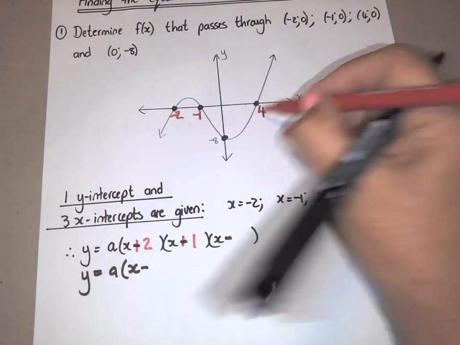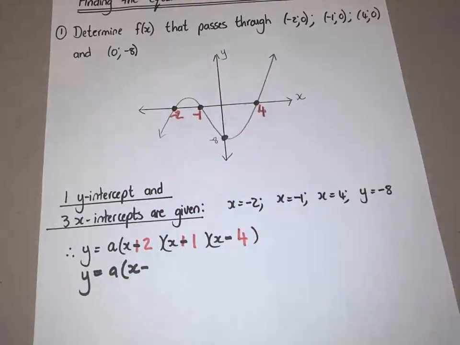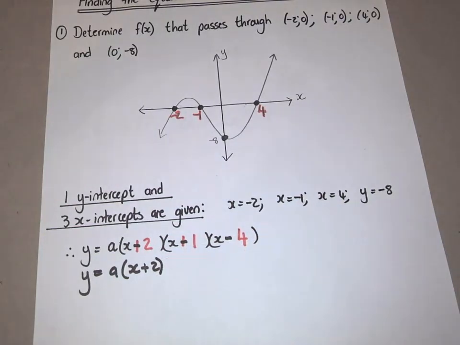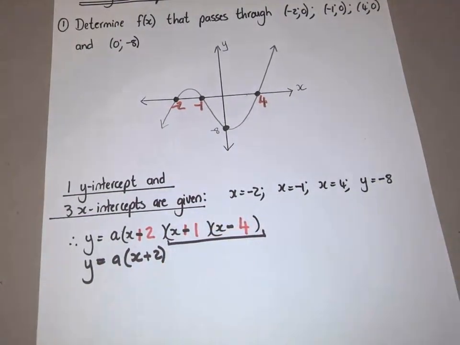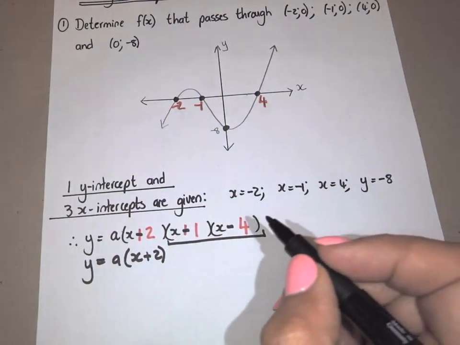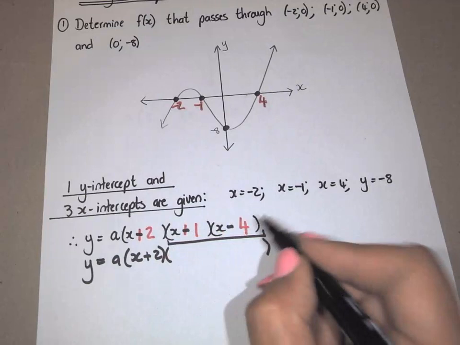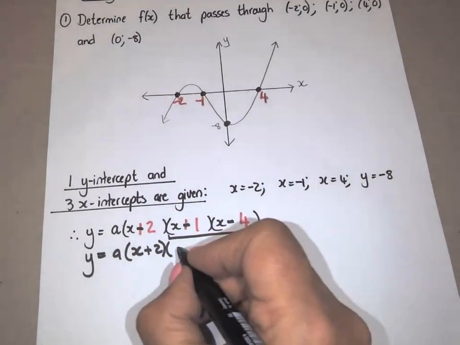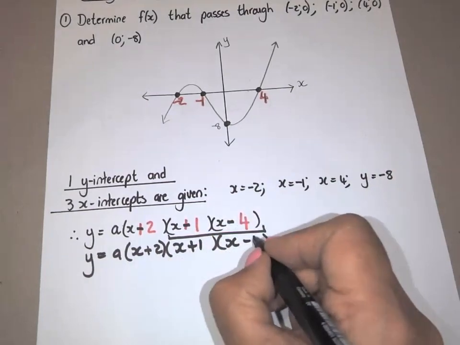And the last one is 4. X minus 4. To work this out, I'm first going to multiply these two brackets, and then I'm going to multiply the trinomial that I get here with the first bracket. Let's just put this in, x plus 1, x minus 4.